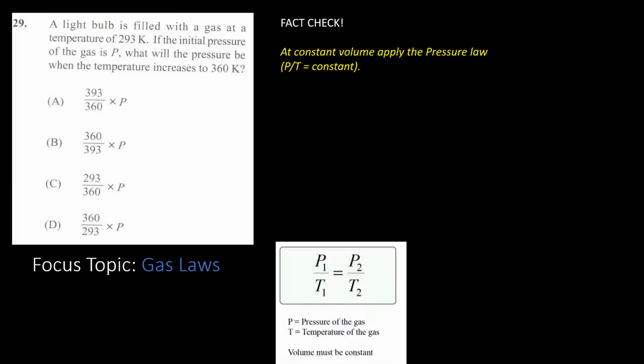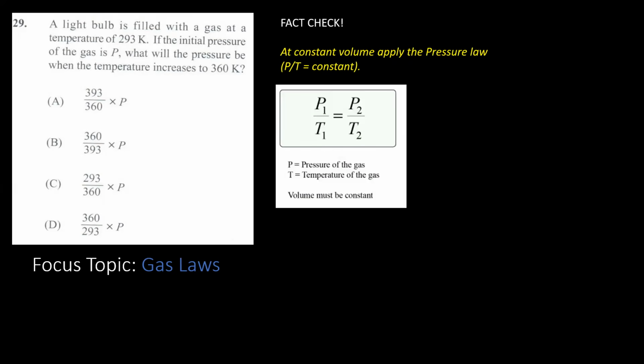Number 29, a light bulb is filled with a gas at the temperature of 293 kelvins. If the initial pressure of the gas is P, what will the pressure be when the temperature increases to 360 kelvins? Now, at constant volume, we apply the pressure law, which says P over T is a constant, and we have our full equation, P1 over T1 is equal to P2 over T2.